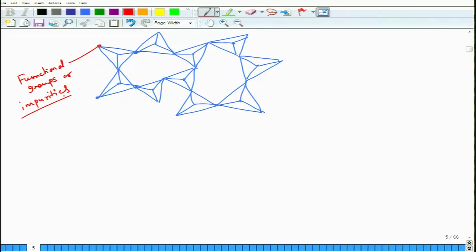So, for instance, if you have SiO4 4 minus, instead of sharing with 4 polyhedra, you are sharing only with, let us say, 3 polyhedra.